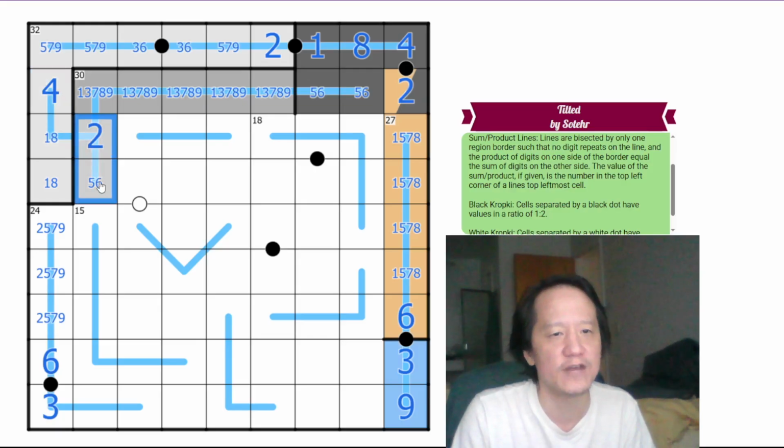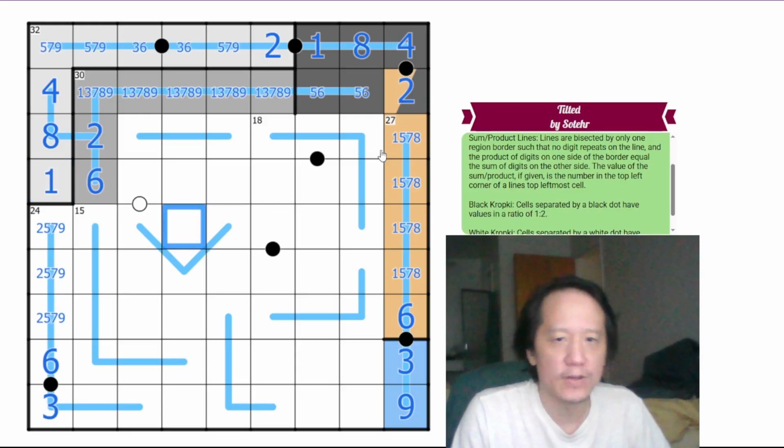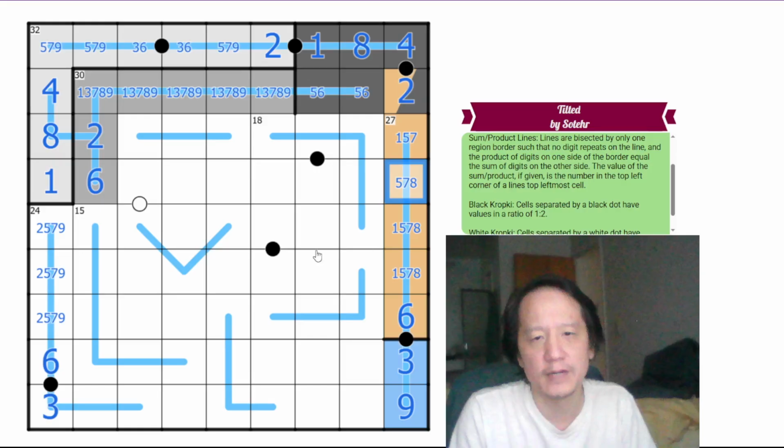If it's 2 and 5 multiplied into 10, 4 and 1 and 8 can never add up to that. So this has to be 2 and 6. 2 and 6 add up to 8, but this doesn't multiply to 8. So it must be 2 and 6 multiplying to 12, and 4 and 8 adding up to 12. So this is 8, this is 1. Okay, so this cannot be 8, and this cannot be 1.